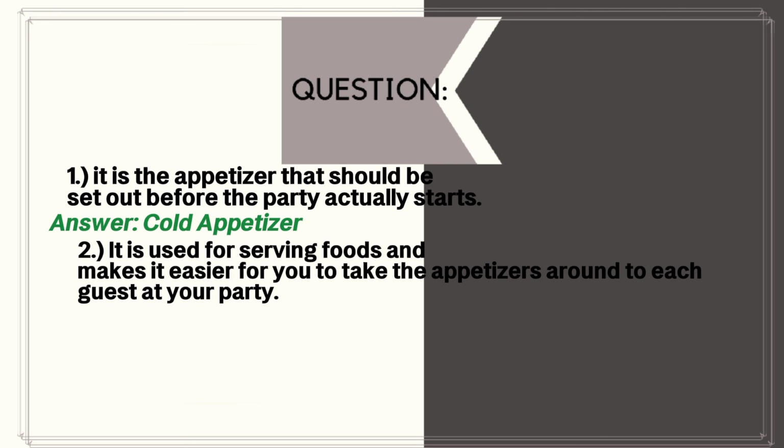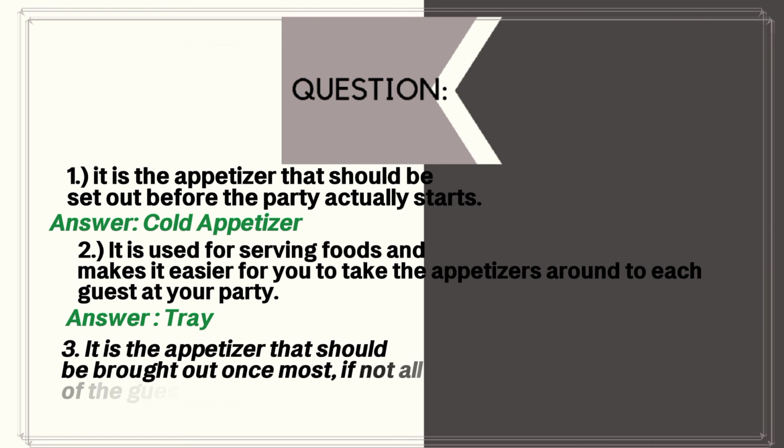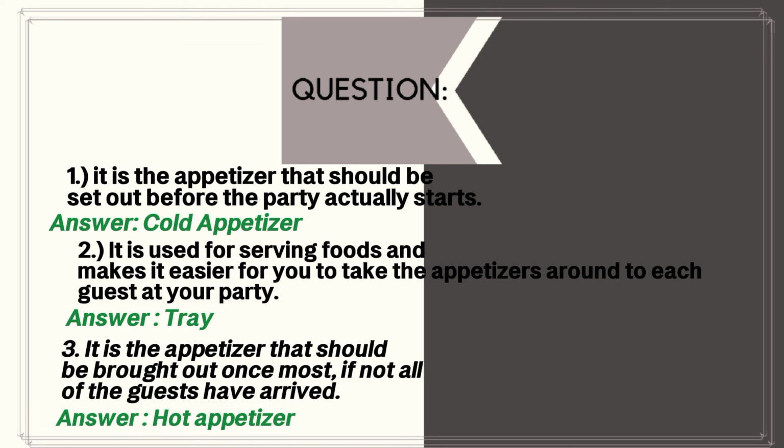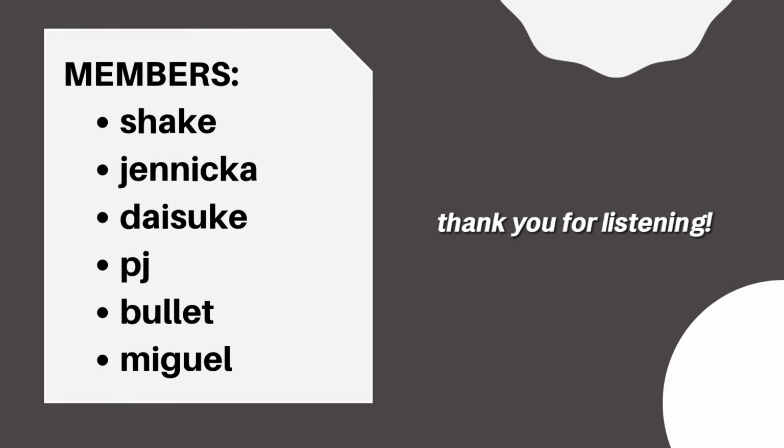Raise your hand if you know the answer. The answer is tray. And for the last question, it is the appetizer that should be brought out once most, if not all, of the guests have arrived. Raise your hand if you know the answer. The answer is hot appetizer. Thank you for listening.